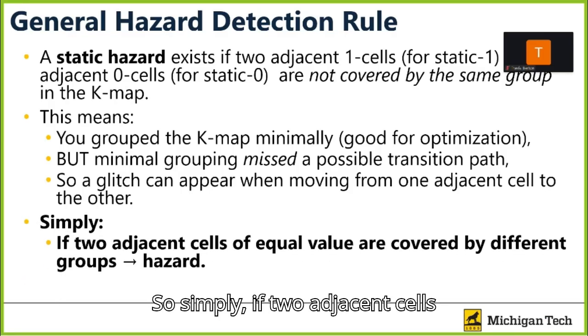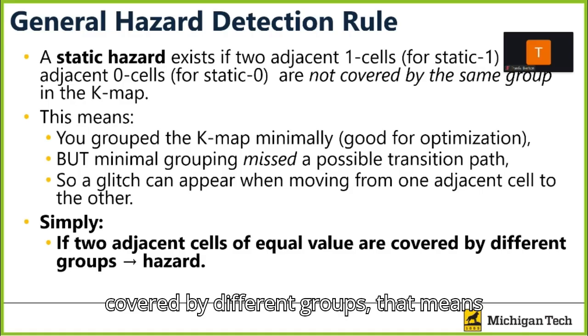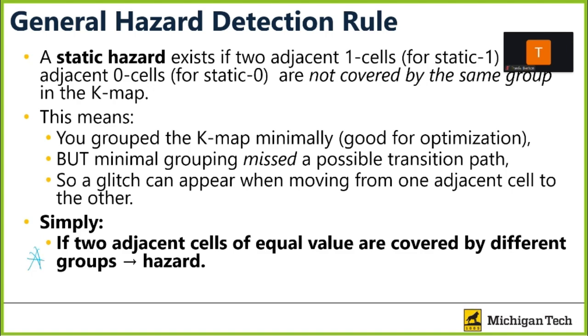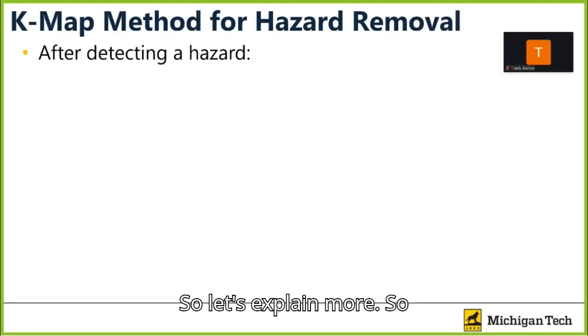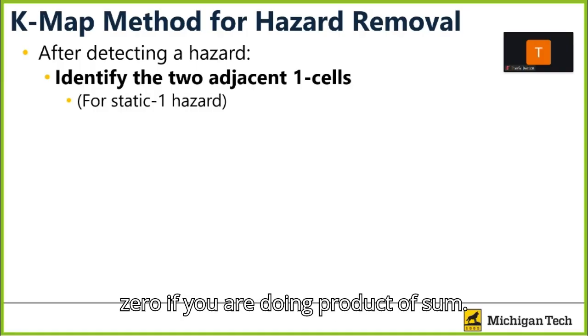Simply, if two adjacent cells of equal value are covered by different groups, that means hazard. So this is how we can find whether we have hazard or not. To fix it, we need to identify two adjacent zeros if you are doing product of sums.